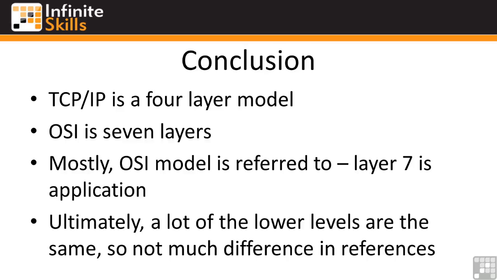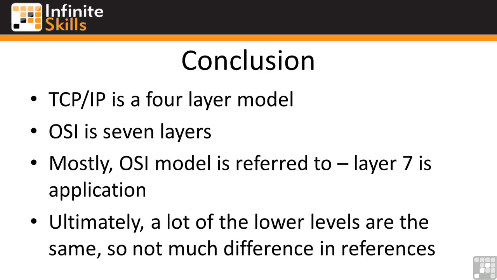Ultimately, a lot of the lower levels are the same. So there's not a lot of differences, and you don't really hear a lot of people talk about layer 5 and layer 6 anyway. So the application layers for most purposes would be discussed in the same way. It's really when you start talking about layer 2 in the OSI model, which would map to layer 1 in the TCP model, and then everything in the TCP model maps down a layer.